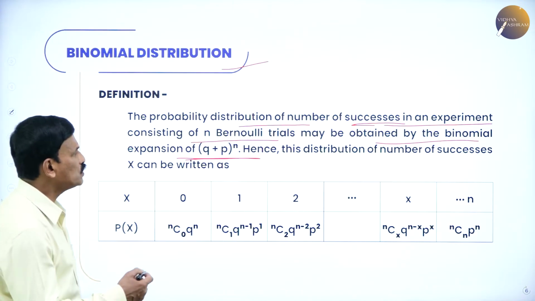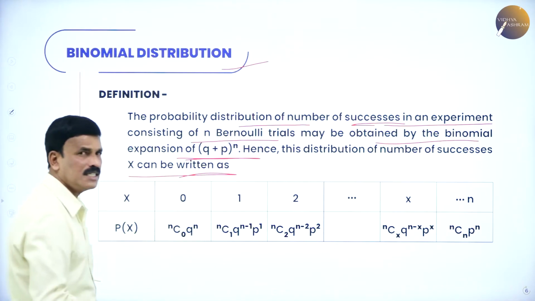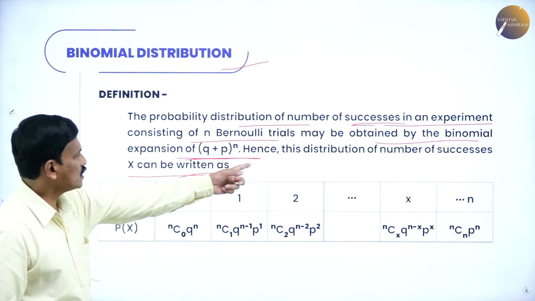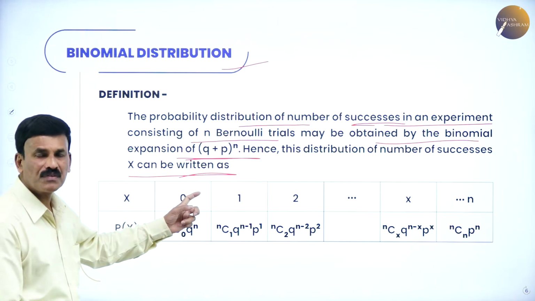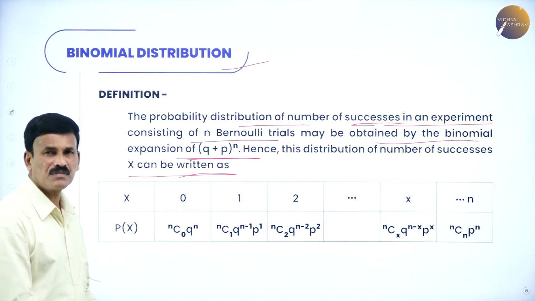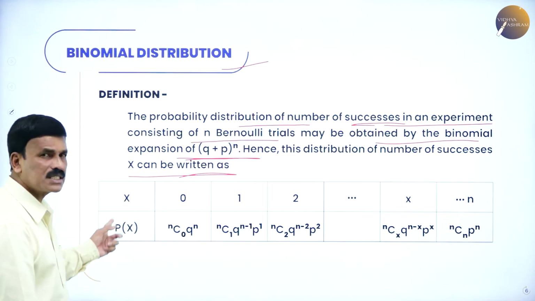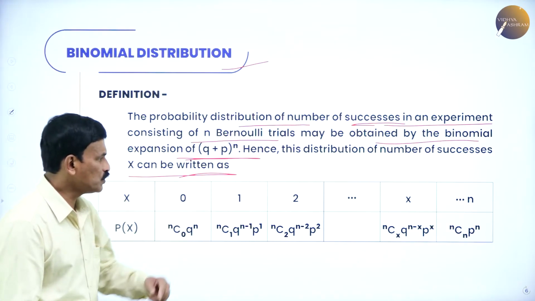Hence, the distribution of the number of successes x can be written as follows. If x denotes the number of successes, then the distribution can be denoted as x and p(x), when x is equal to 0, 1, 2, 3, up to n.